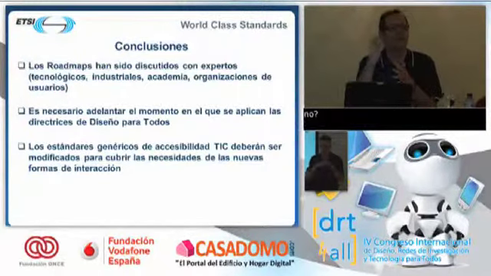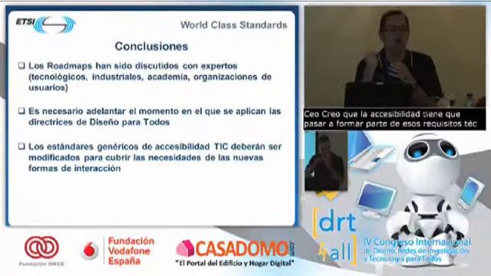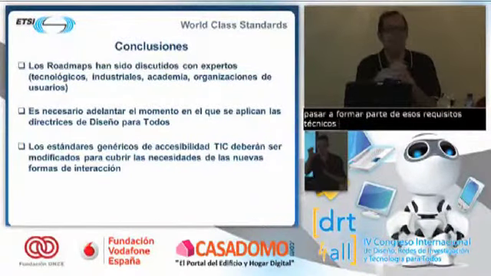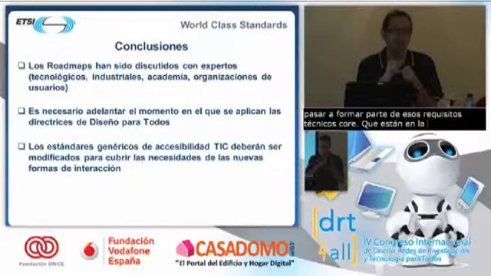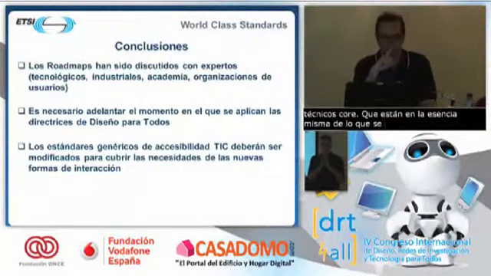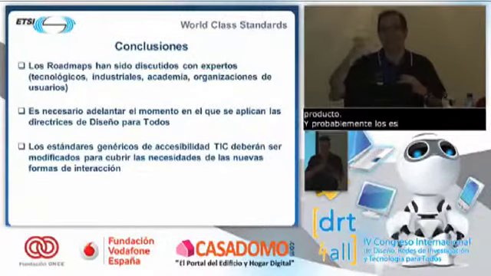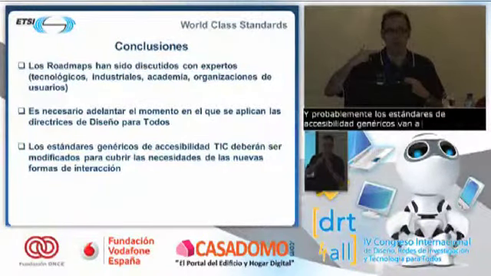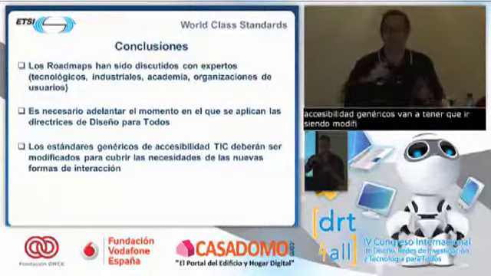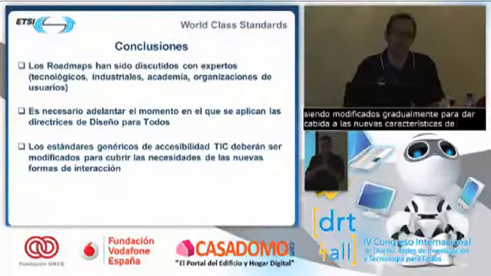I think accessibility is something that should form part of the technical requirements, the core requirements that are being taken into account from very early stages, because this will lead to increased quality. And no doubt accessibility standards need to be gradually modified in order to make room for new accessibility characteristics.